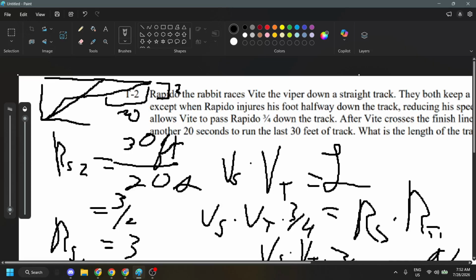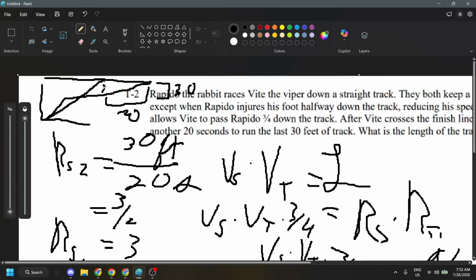This is 30. Vite passes Rapido 3/4 of the way down the track.